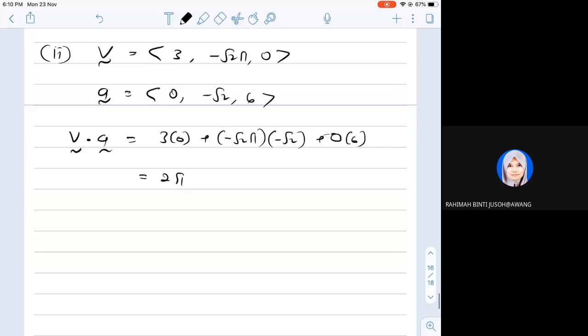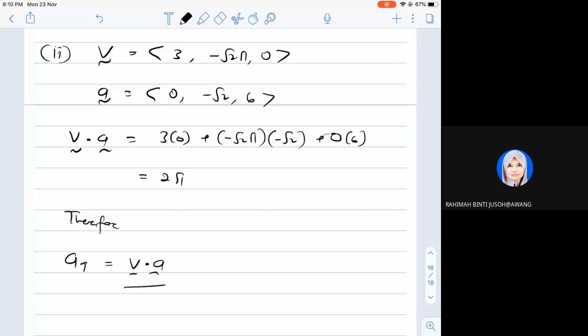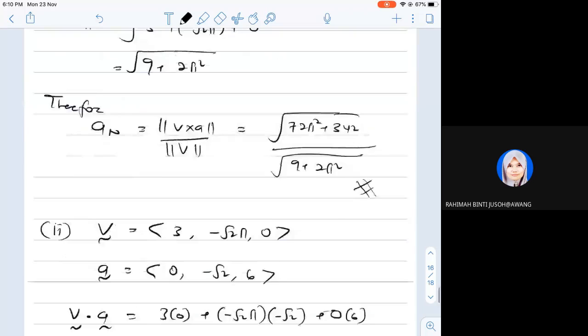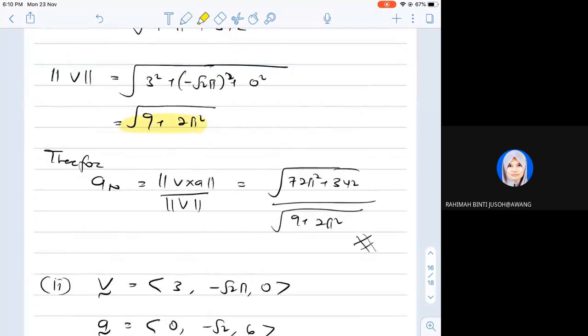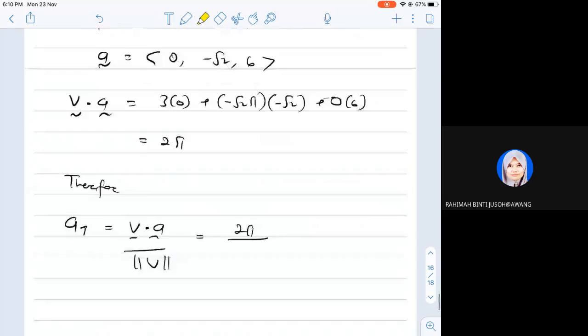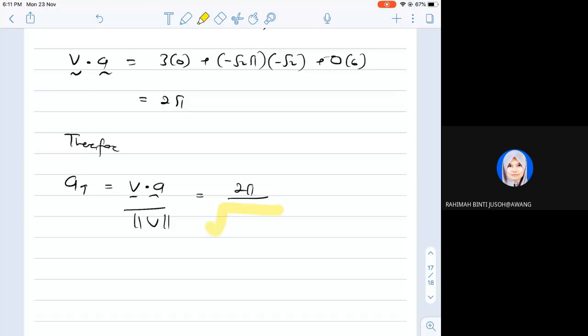Therefore, V dot A over the speed, the magnitude of V: 2 pi over the magnitude of V, which we take from earlier, the square root of 9 plus 2 pi squared. Okay, understand guys? Yes. Okay.